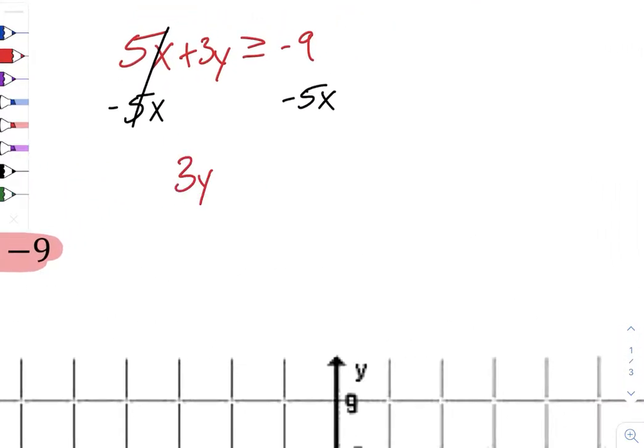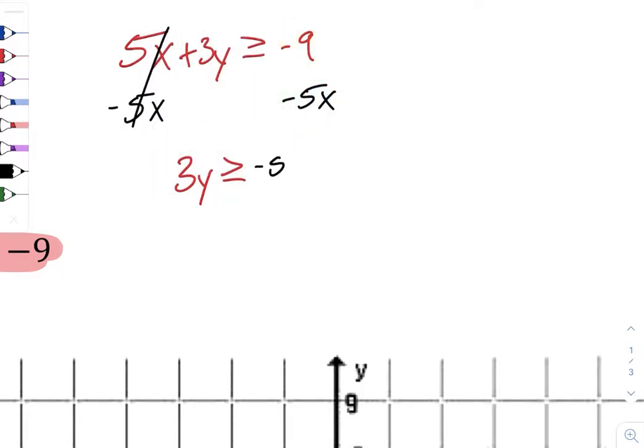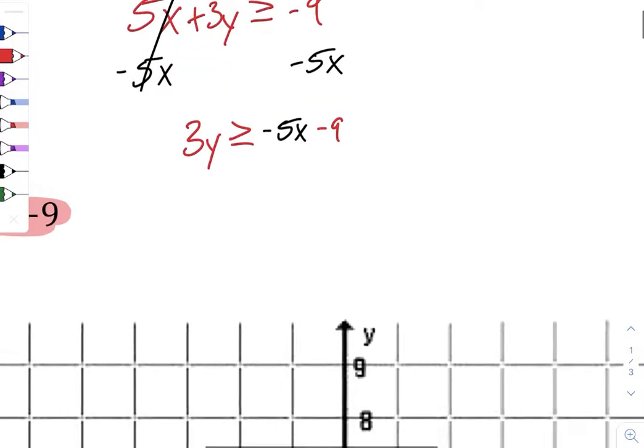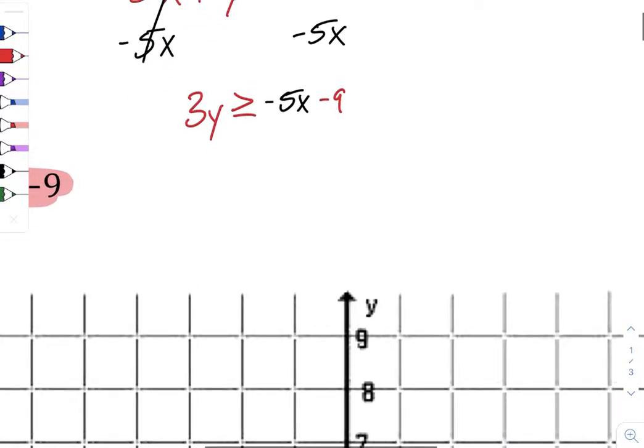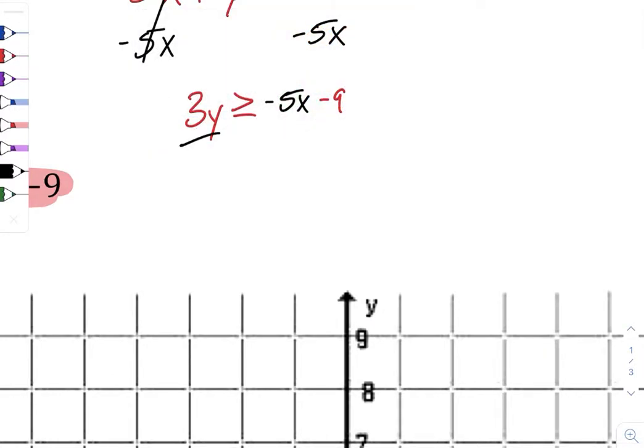So I have 3y is greater than or equal to -5x minus 9. And then I'm going to need to divide everything by 3. So I'm going to go ahead and divide 3 on all terms in this inequality.